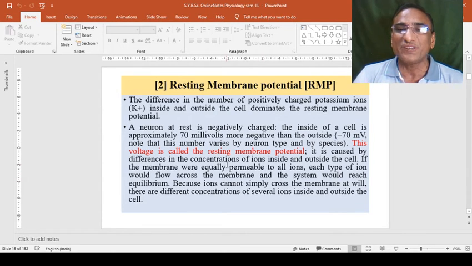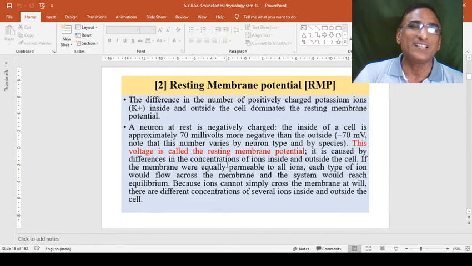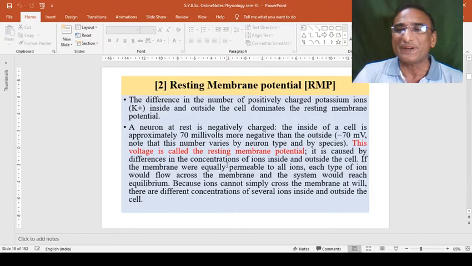There are so many elements in the cell, and these ions may be found in association with other biochemical elements, and each of these ions would flow across the membranes and reach equilibrium. They try to maintain the balance, that is, the equilibrium level.